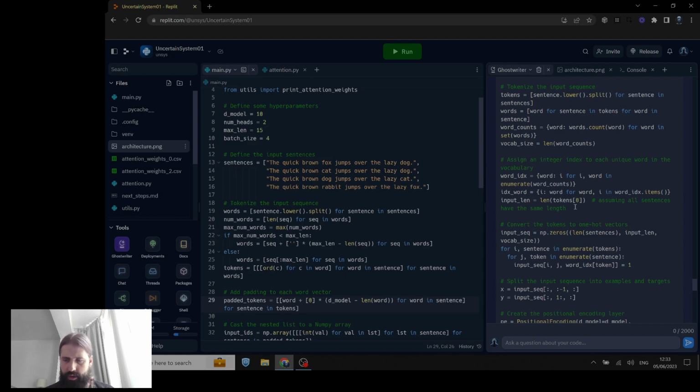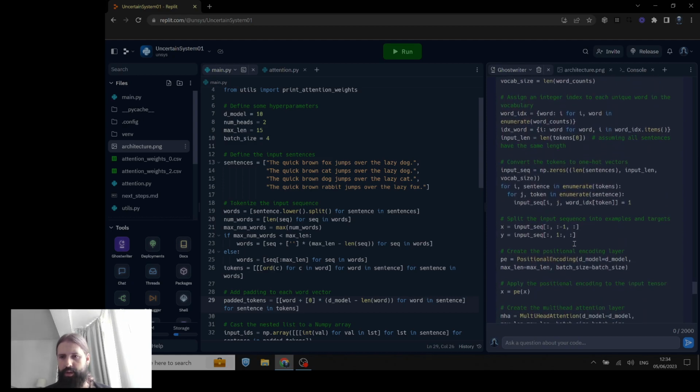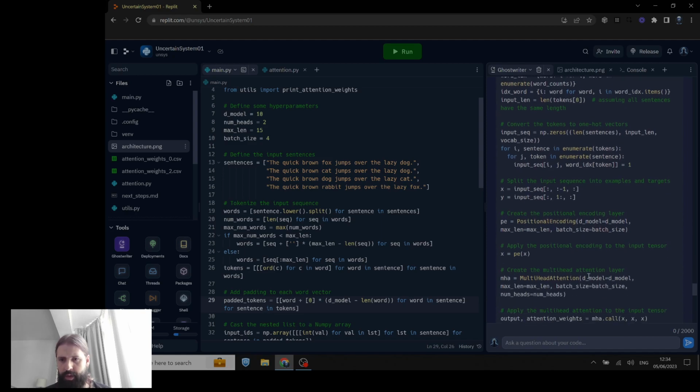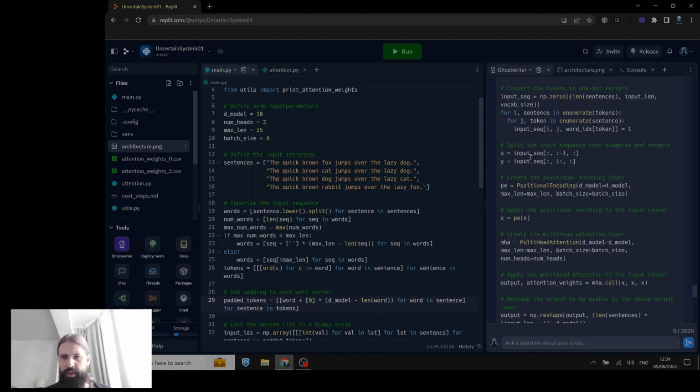So now it's actually suggesting that I have a unique index of the words through the vocabulary. Split the input sequence into examples and targets. Create the positional encoding layer. Apply the positional encoding to the input tensor. Okay, so now we have an output tensor.